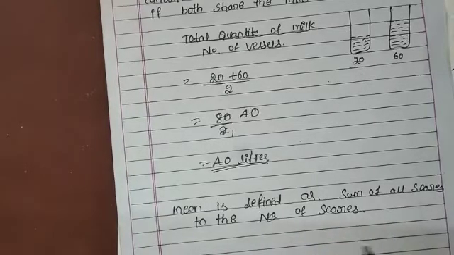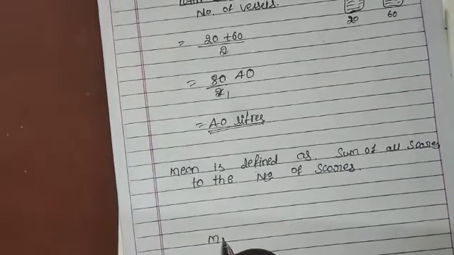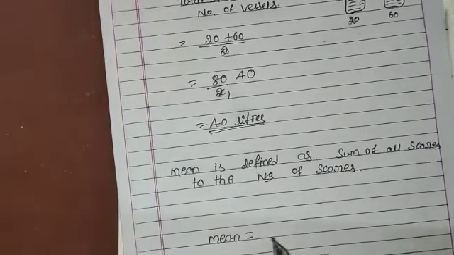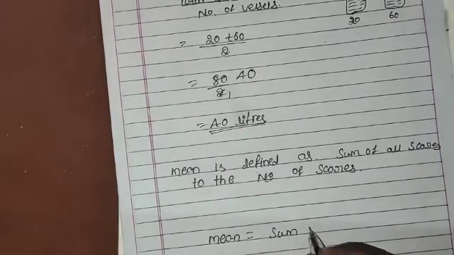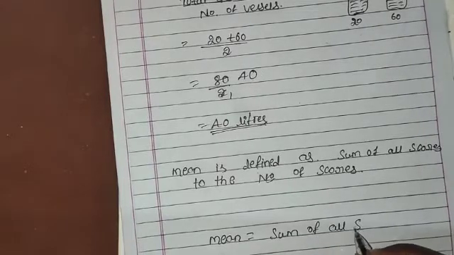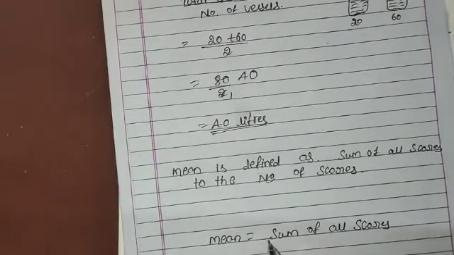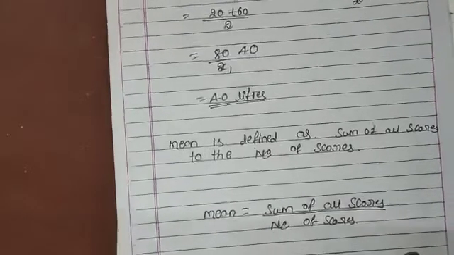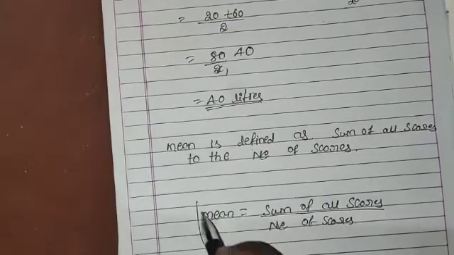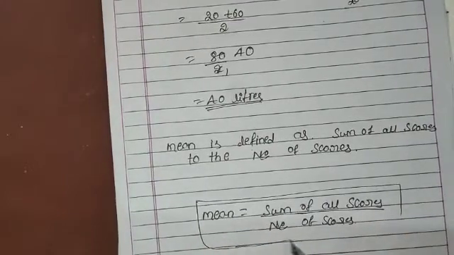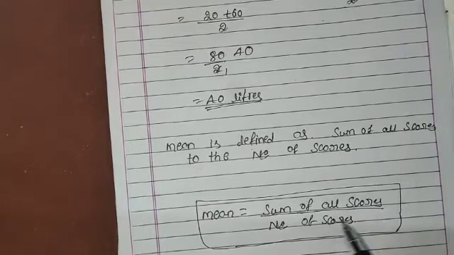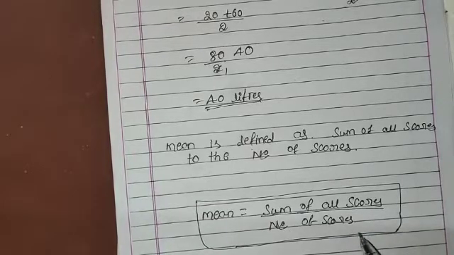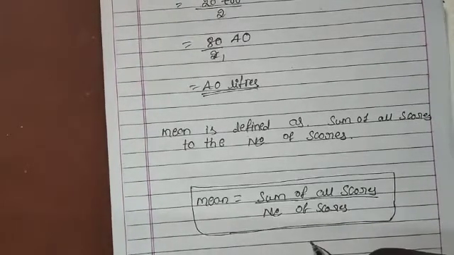This gives the arithmetic mean. It means mean is equal to sum of all scores divided by number of scores. This is the formula to find out the arithmetic mean.